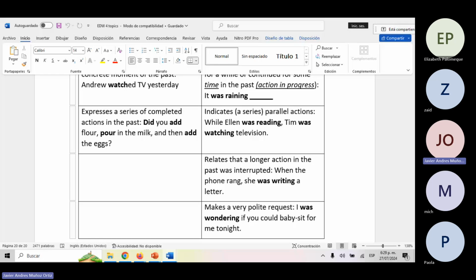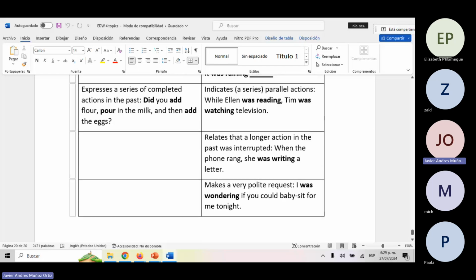Okay. Past continuous, what else do we do with past continuous tense? The most important reason why we study past continuous tense is to mention that something was happening in the past, a big action, something that lasted maybe for a long period of time, or something very important in the past, but this activity was interrupted by something else.